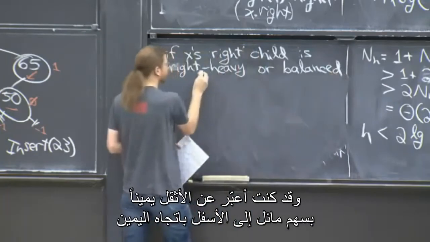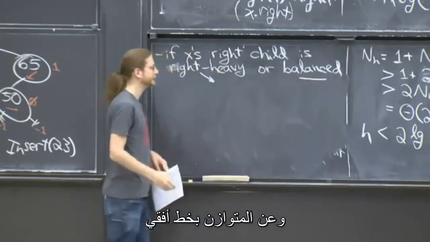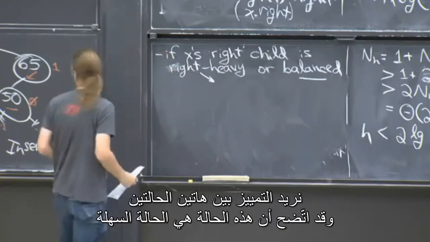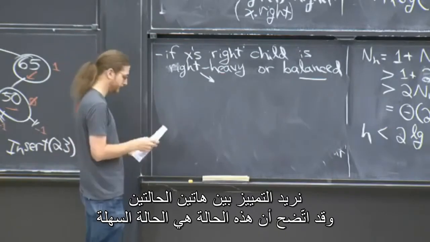Right heavy is what I've been drawing by a descending right arrow. Balanced is what I've been drawing by a horizontal line. So we're just distinguishing between these 2 cases. This turns out to be the easy case.